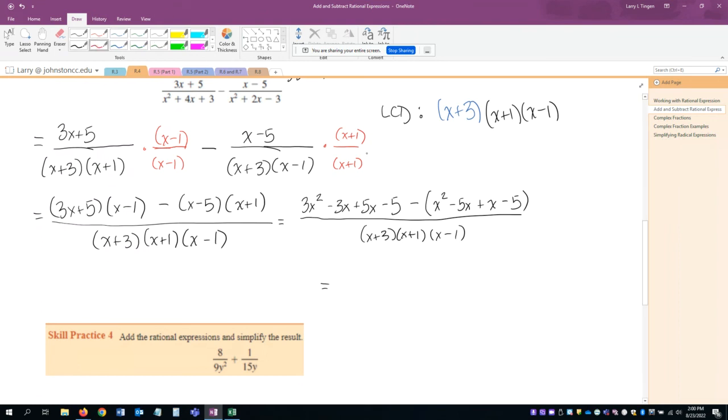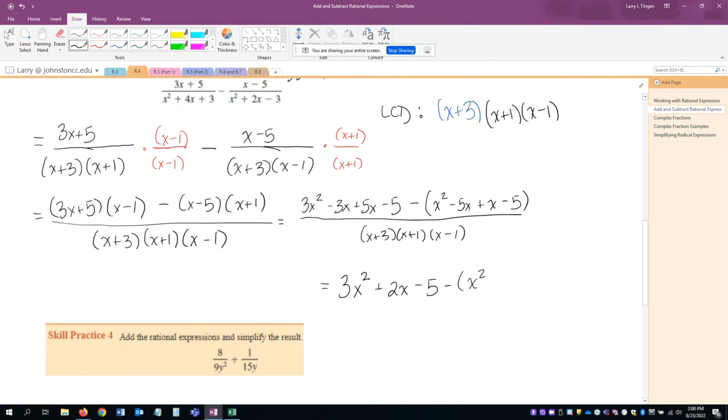Okay, now you can handle the next step, or let's combine like terms first, and then I'll tell you the next step. Anytime you do that trinomial, always look to see if your middle terms are like. If they are, go ahead and combine them. Negative 3x plus 5x, negative 3 plus 5 is 2x.